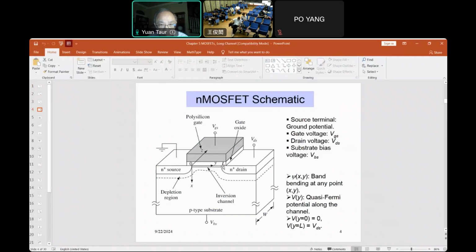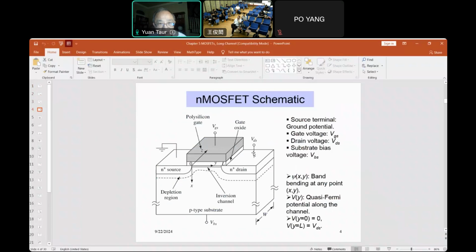Also, the reference is the source, the ground. So we usually use the ground source reference. So when we have gate voltage, it's VGS, VG with respect to source.